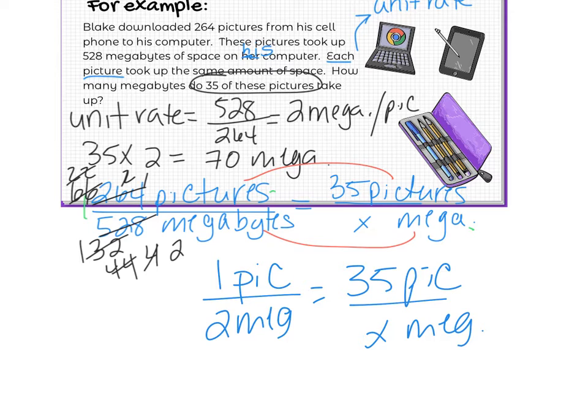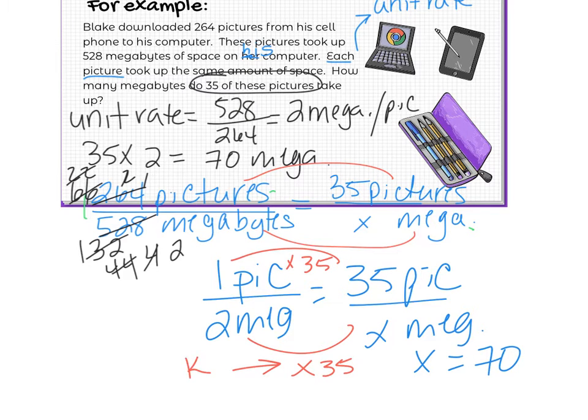Okay, so I figured out that 1 times 35 is 35, so 2 times 35 is 70. So X equals 70, okay? Remember when we did this, we called this the scale factor K, constant of proportionality. That's how it's all kind of related. Okay, so that's the second way you can do it.